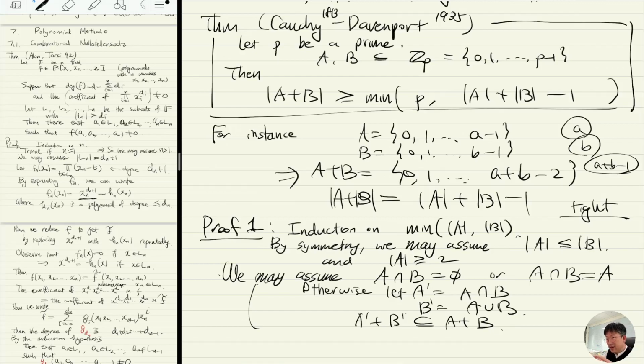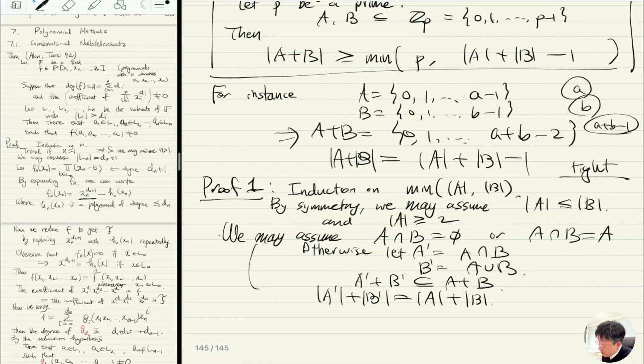So any element in A prime plus B prime is an element in A plus B. And note that in terms of cardinality, A prime plus B prime is equal to A plus B. So if we have a lower bound on the size of A prime plus B prime, then we have a lower bound on the size of A plus B, and the lower bound is going to be the same. So we can apply induction.